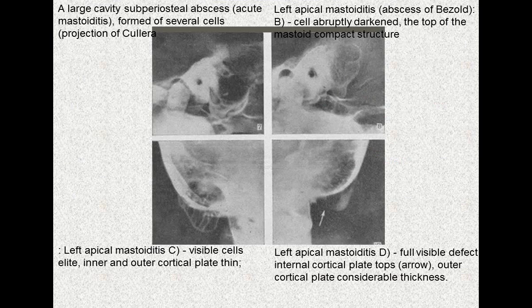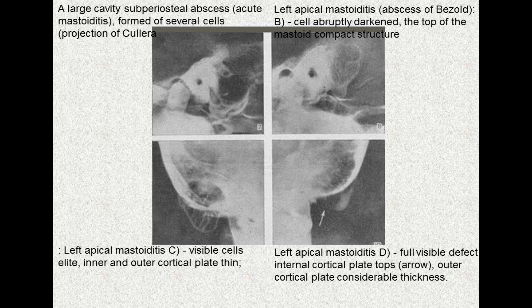Large cavity, supraosteal abscess. Acute mastoiditis formed of several cells as we see. Large apical mastoiditis, absence of Bezold, cells abruptly darkened on top of the mastoid compact bone.